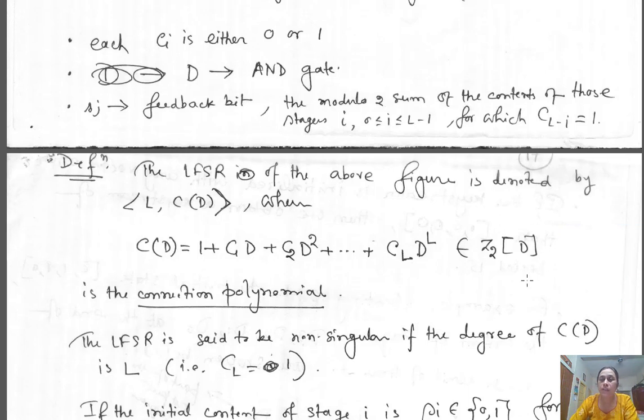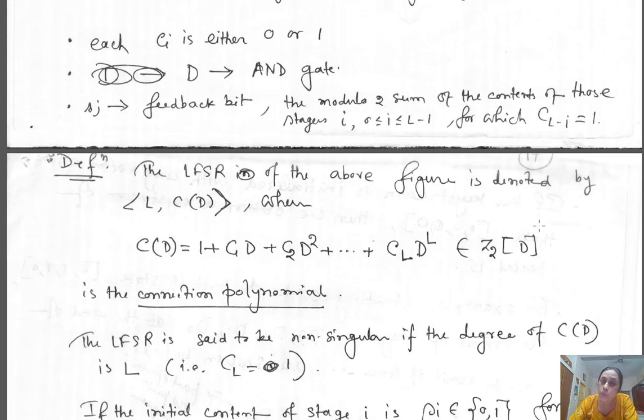So this notation represents a polynomial in the indeterminate D, a polynomial in the variable D whose coefficients are from the field Z2. That means the coefficients of the polynomial are either 0 or 1. So this is an L degree polynomial, and this element belongs to Z2[D].